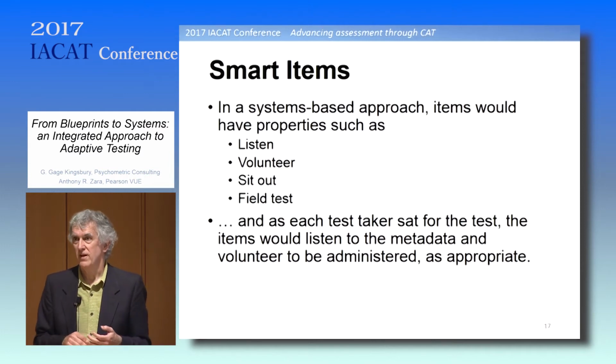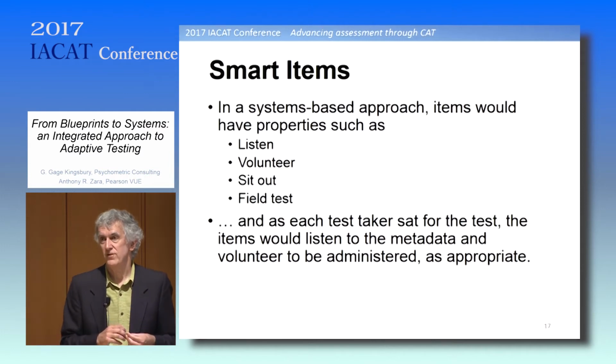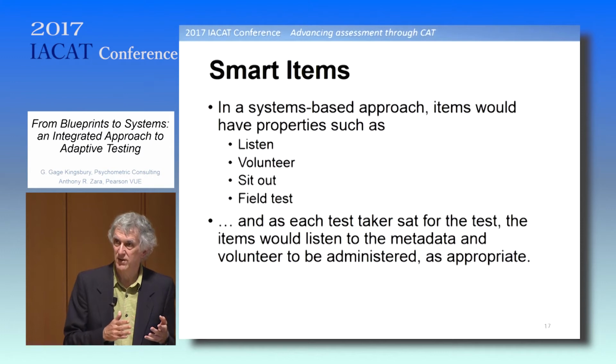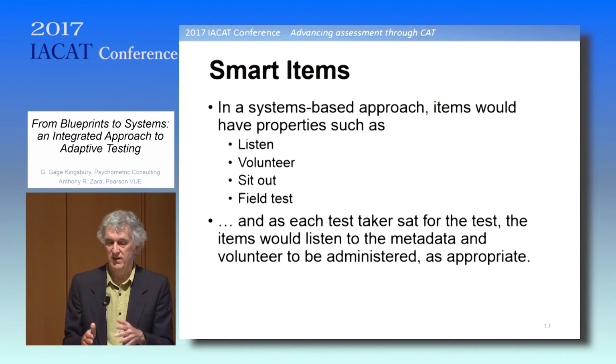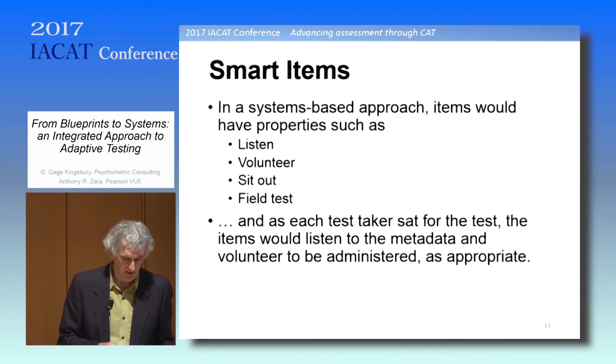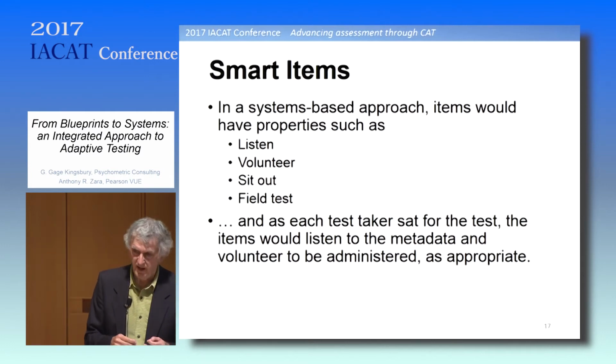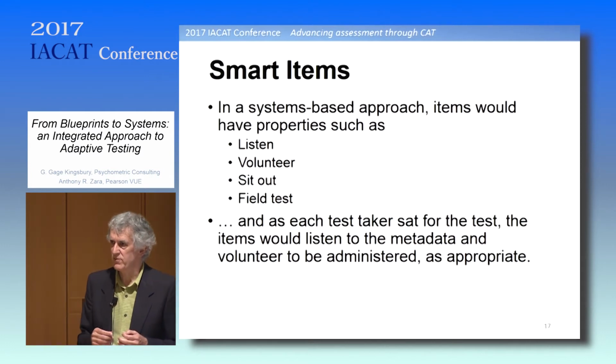So the ability of an item to change from a field test item to an operational item in this structure becomes a function of the item, a characteristic of the item. Okay. What haven't I explained there, Tony?